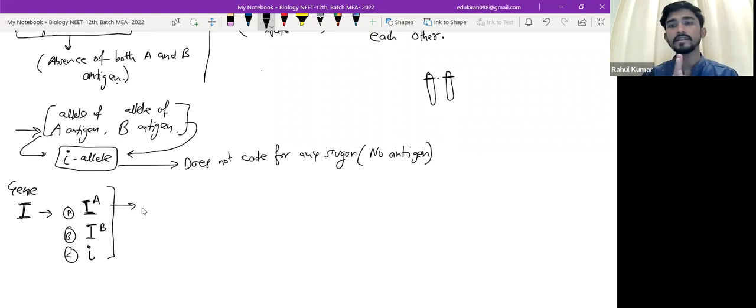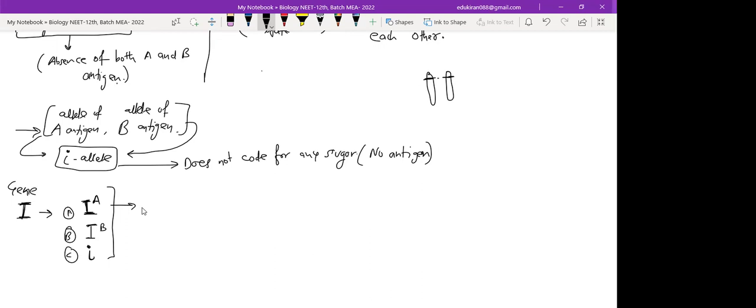So they are called antigen A and antigen B. Whereas the third allele, small i, does not produce any sugar. So there is no antigen. Clear, Madhya? Yes, sir.